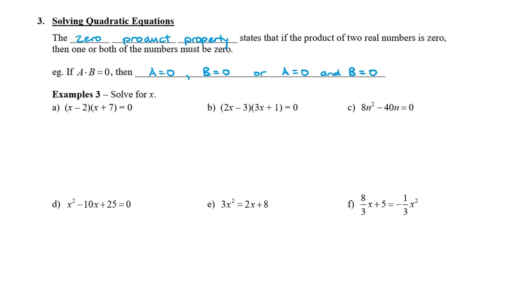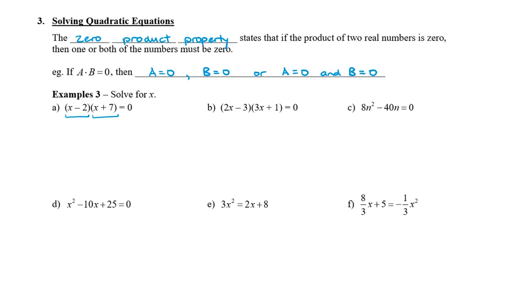All right, so we're going to use this zero product property to solve these questions by factoring. These first two questions are already in factored form. So we can say that x minus 2 is our a, and x plus 7 is our b. These two binomials are being multiplied and they equal 0.